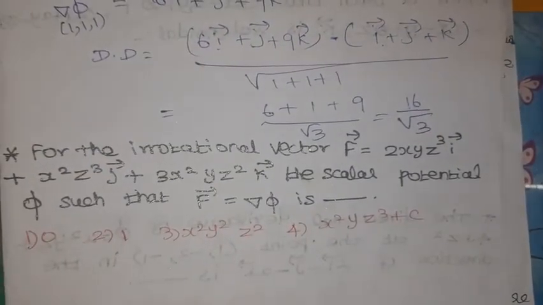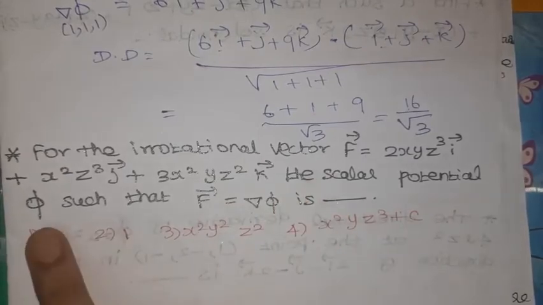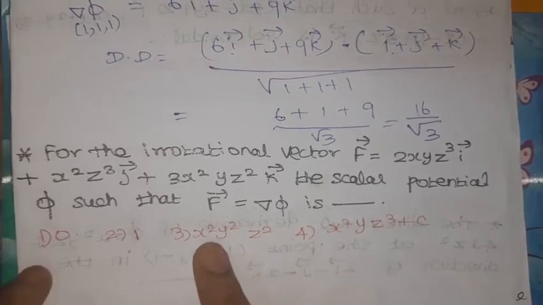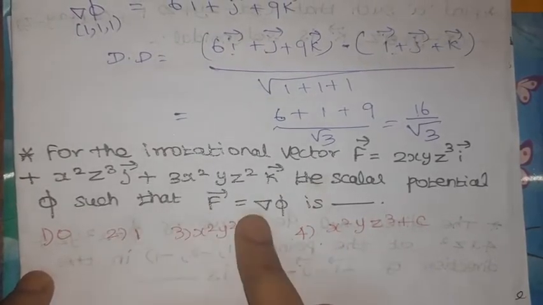For the irrotational vector f, given the scalar potential phi such that f equals del phi, we need to identify the scalar potential phi value.